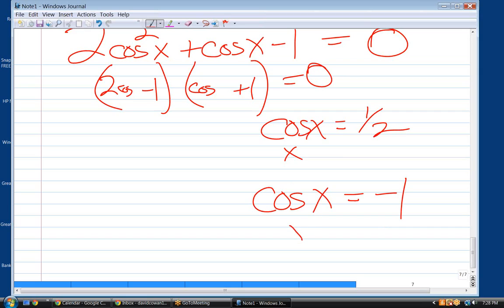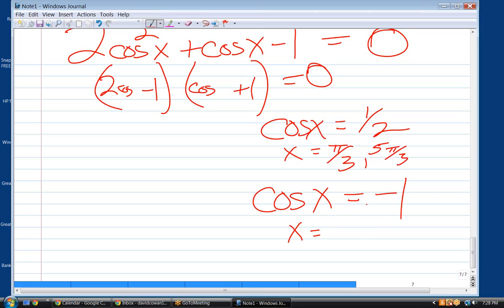Where do these occur? 1/2 is pi over 3. Which quadrant? 5 pi over 3.